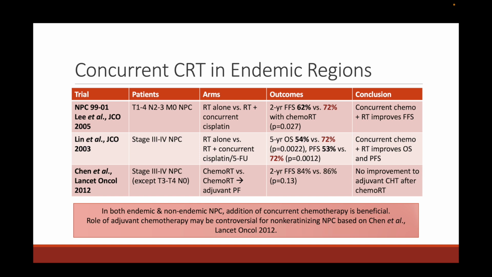We also have an additional meta-analysis, which we'll talk about. It's important to know that this trial was negative, but it's also important to realize that in the context of the other studies that have been done, I don't think that people have completely crossed out the role of either induction or adjuvant chemotherapy for nasopharyngeal cancer.